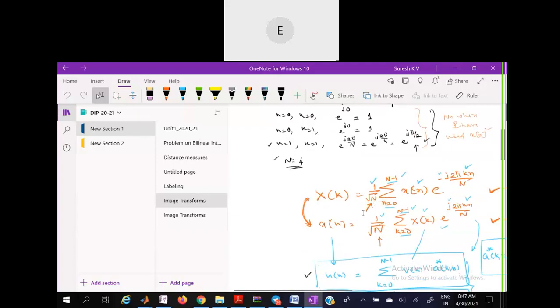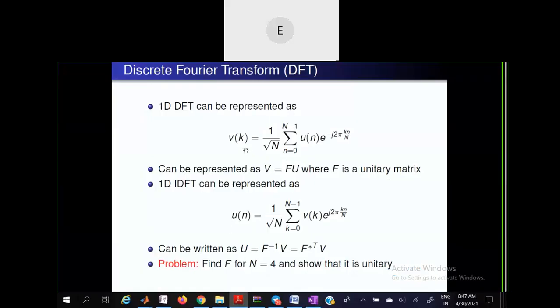This is just a scale factor, so we are not interested in the amplitude of the frequency component. So you will have 1 by root N, a summation here, the time domain signal here, the transform domain signal here. This is your basis function. This is the complex conjugate of this. So that's what is being explained here.